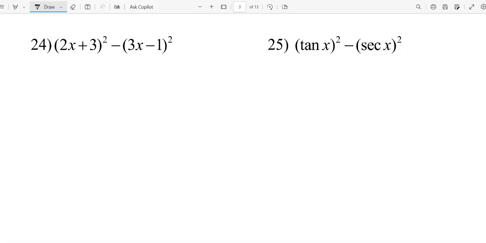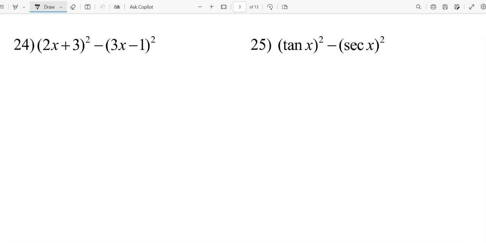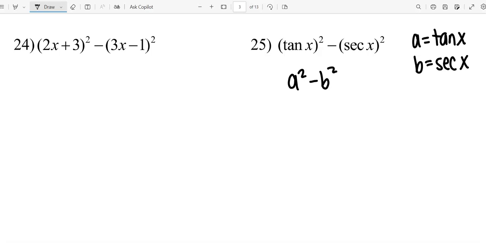So here, I'm going to use substitution. I can say A is equal to tangent of x and B is equal to secant of x. Secant is spelled S-E-C-A-N-T. So this is A squared minus B squared, which factors into A plus B times A minus B. And so now I'm ready to plug those back in.